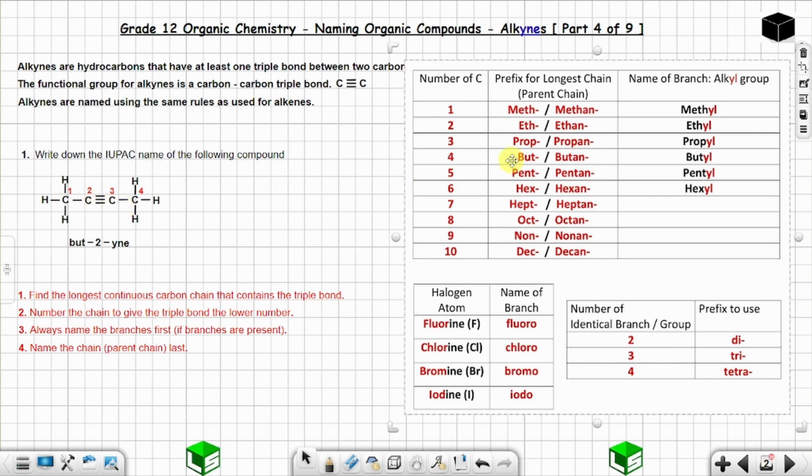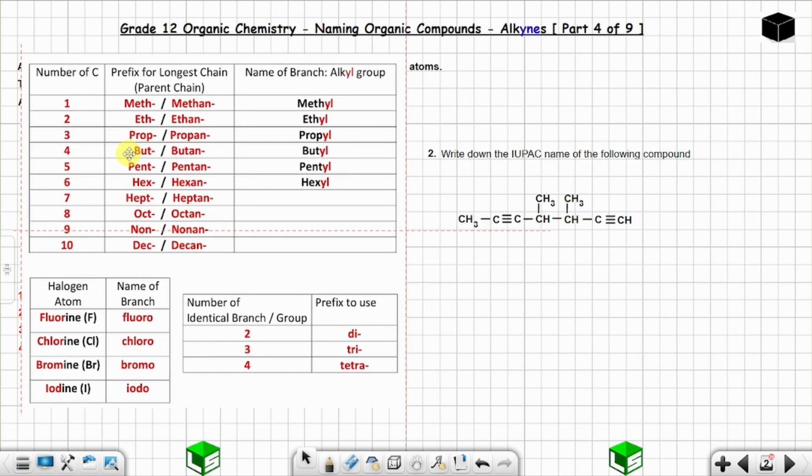Now let's name this organic compound. Number 2, write down the IUPAC name for the following compound. You have to make sure that all your carbon atoms are surrounded by 4 bonds. For example, this carbon atom is surrounded by 4 bonds; you can count 1, 2, 3, 4.